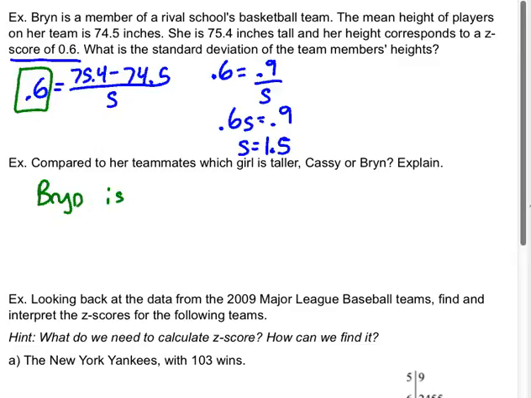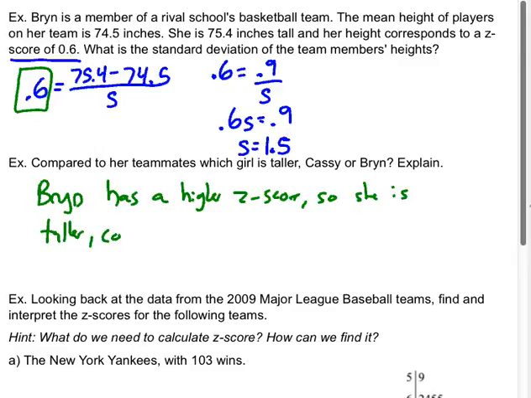has a higher z-score, so she is taller compared to the rest of the team.